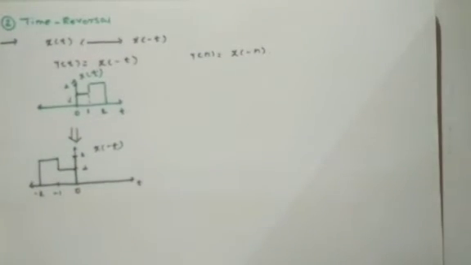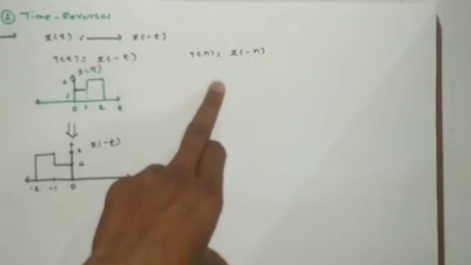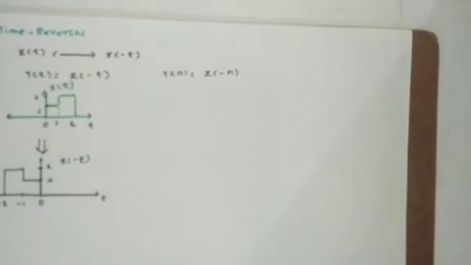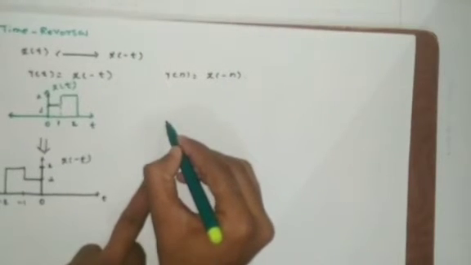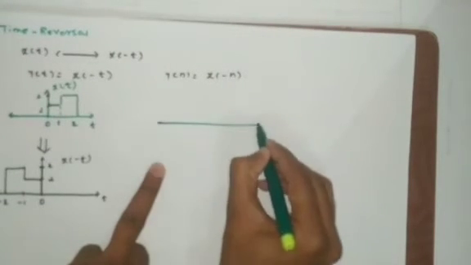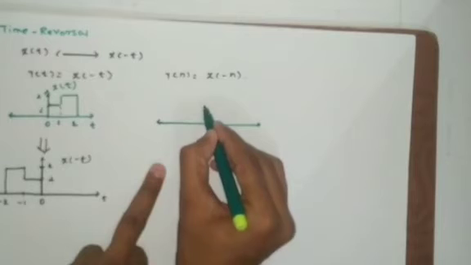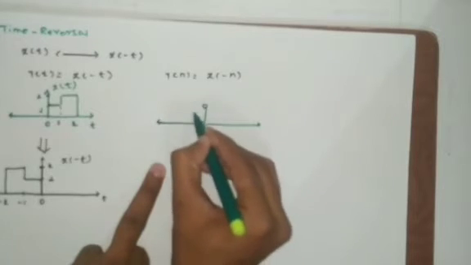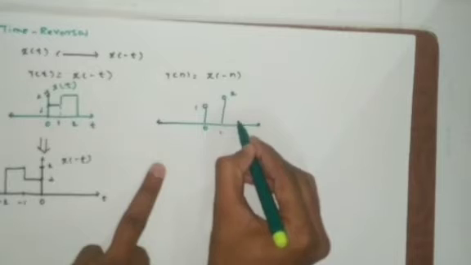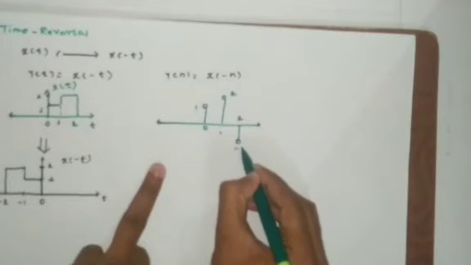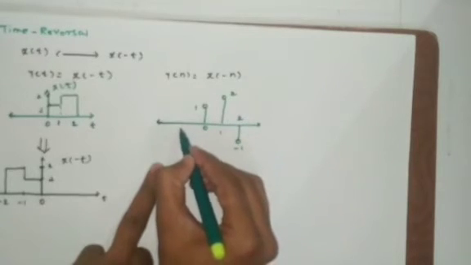Similarly, we will take an example for a discrete time signal also. Let us assume that we have an input discrete time signal. Let for 0 the amplitude is 1, for plus 1 the amplitude is 2, for 2 the amplitude is minus 1, and we will consider one more sample.